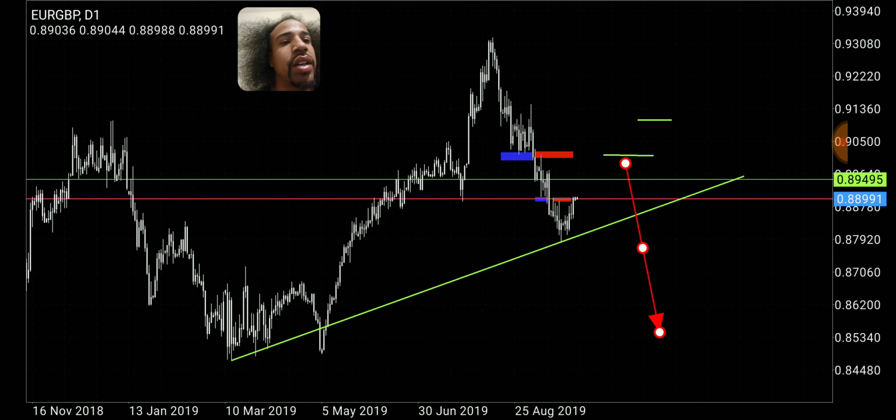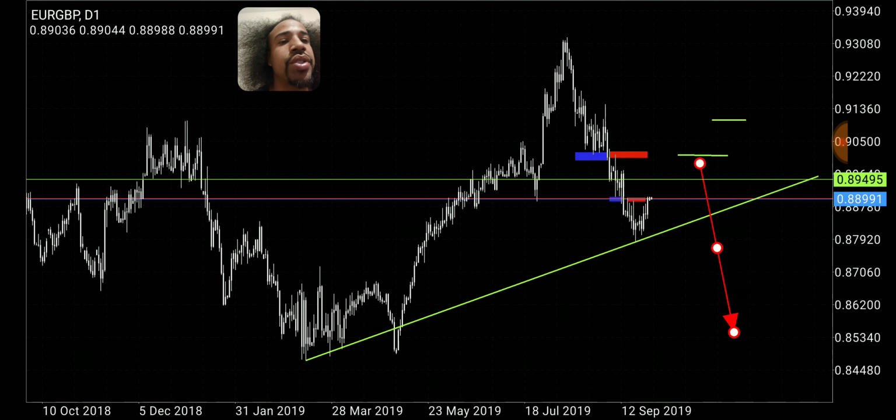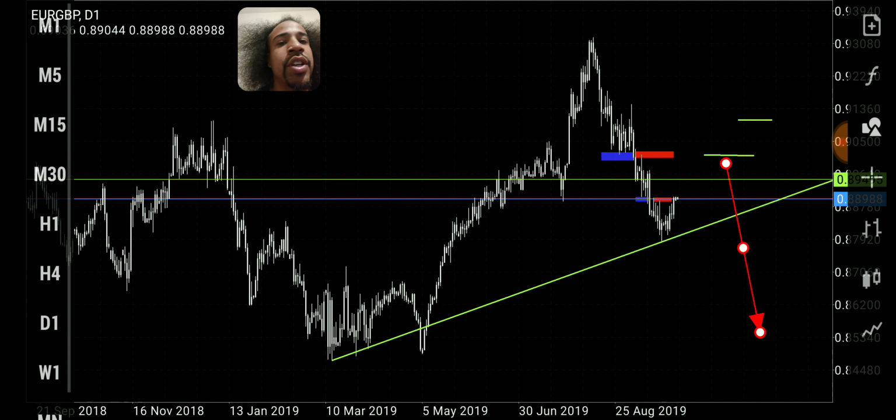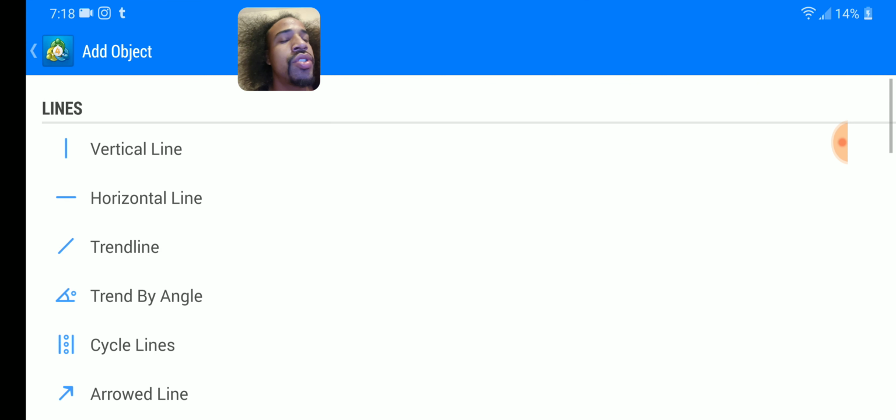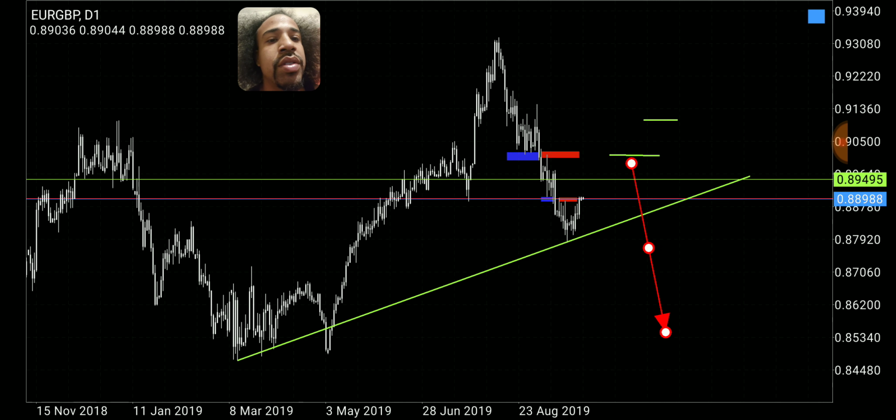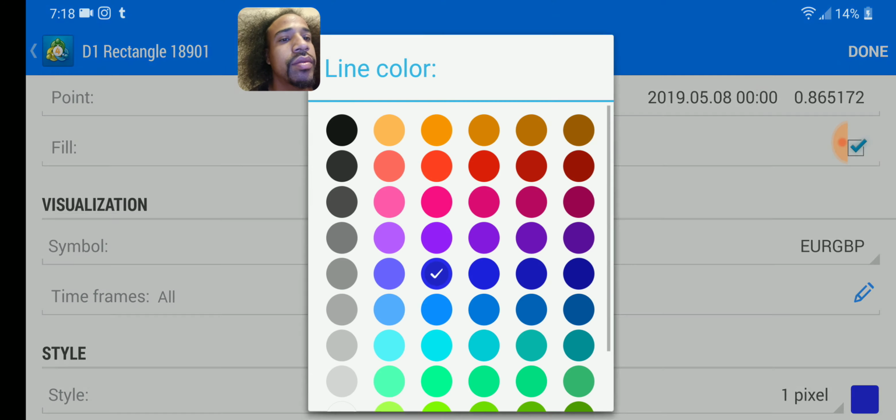And now the next thing I can look for is a continuation level. Where will price go after if it does truly fall? What I'm going to do is use, again, old resistance turned into new support. So right here, level resistance.